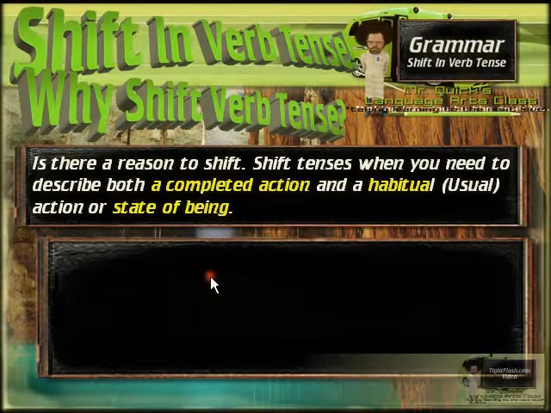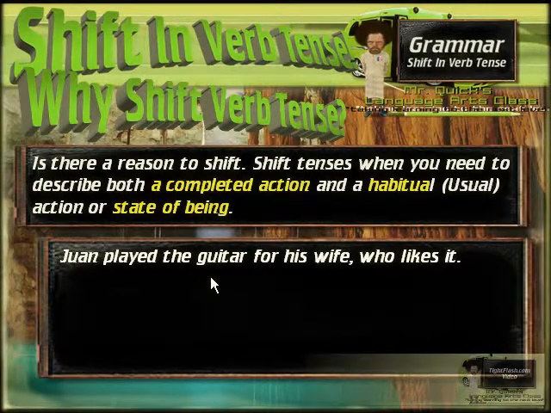Let's look at an example here. Now, the habitual action is likes. Okay, the wife likes Juan's guitar playing. Okay, this is a habitual action. She likes it.